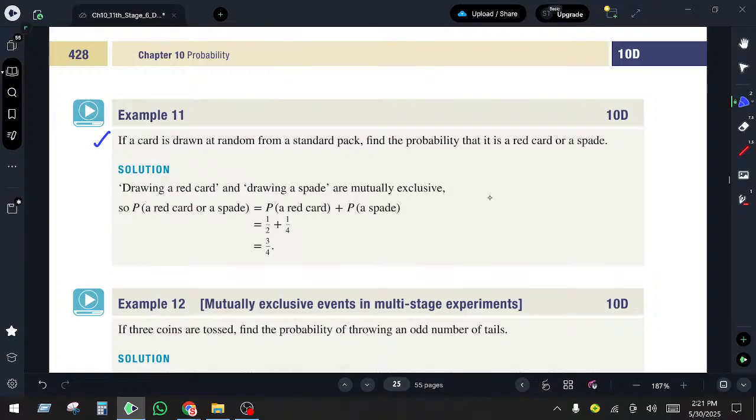Now, can you read this one? If a card is drawn at random from a standard pack, find the probability that it is a red card or a spade. Do you know what the cards are? In a deck there are four suits.